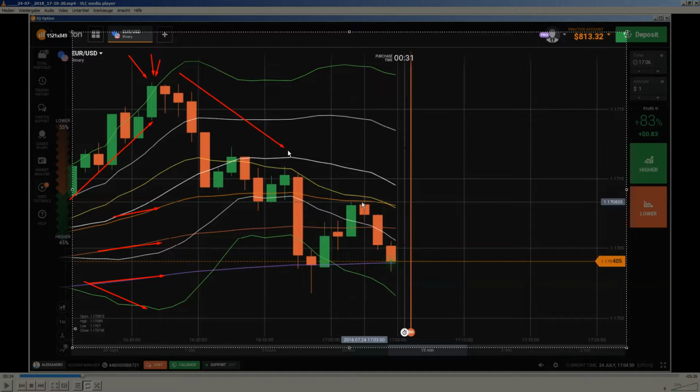Then we get a downtrend till the 200 EMA, and the 200 EMA is like the 261.8 Fibonacci level or the 161.8 Fibonacci level or the 61.8 Fibonacci level. Those are levels where price will mostly reverse.